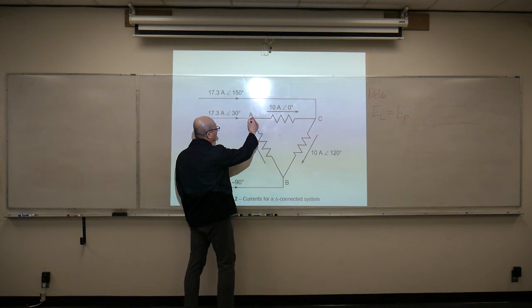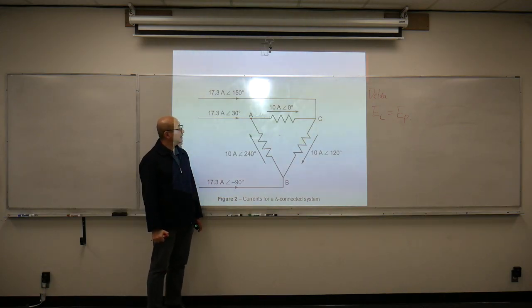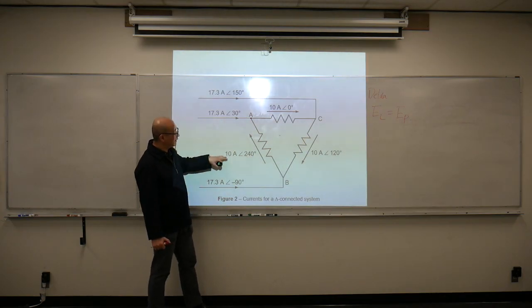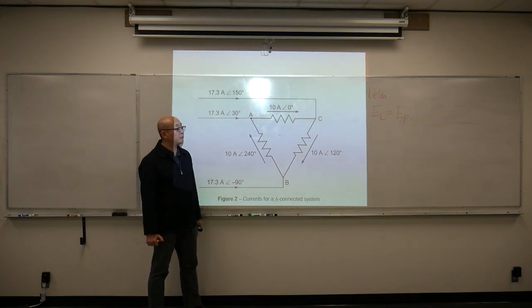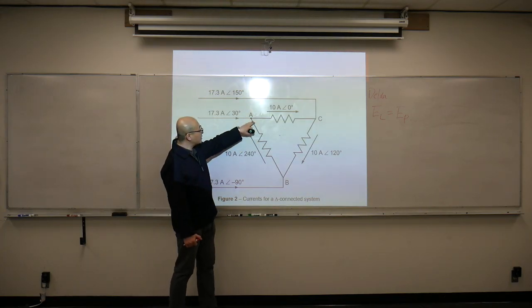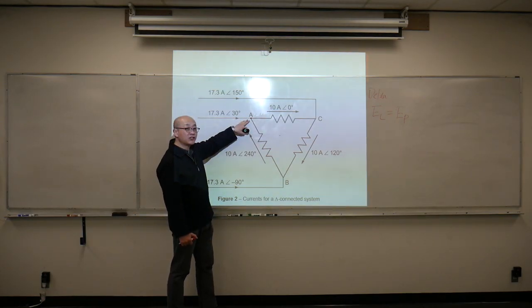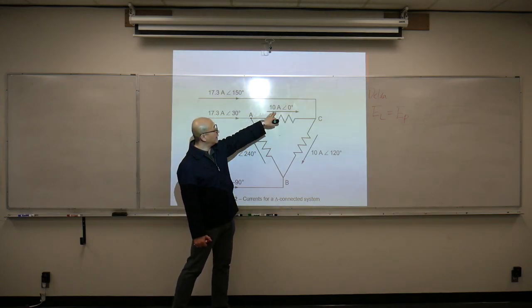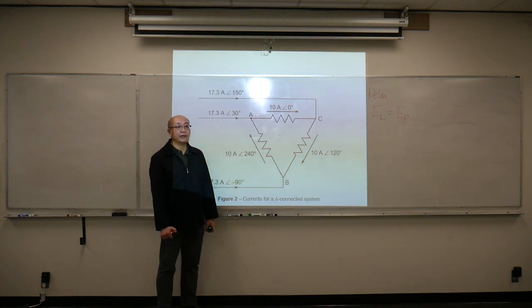In this, at a connection point or junction point in here, I will have this phase current, 10 amp at 240 degree, into this junction point. From this junction point, I also have my line current from line A go to this junction point. I have another phase current, 10 amp at 0 degree, come out from that junction point.